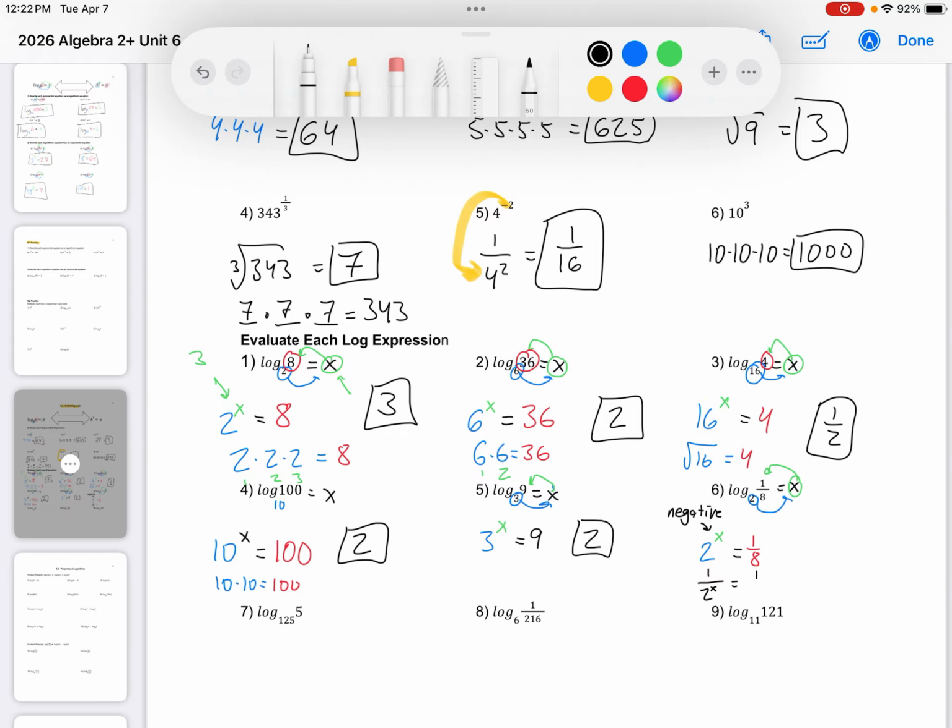And I want to know how many 2's I would need to multiply together on the bottom to make that bottom part be 8. And that answer is 3. We need 1, 2, 3 2's on the bottom. And so we are going to say that it is negative 3. Negative in order to make it turn into the fraction, and then 3 to take the 2 and turn it into 8.